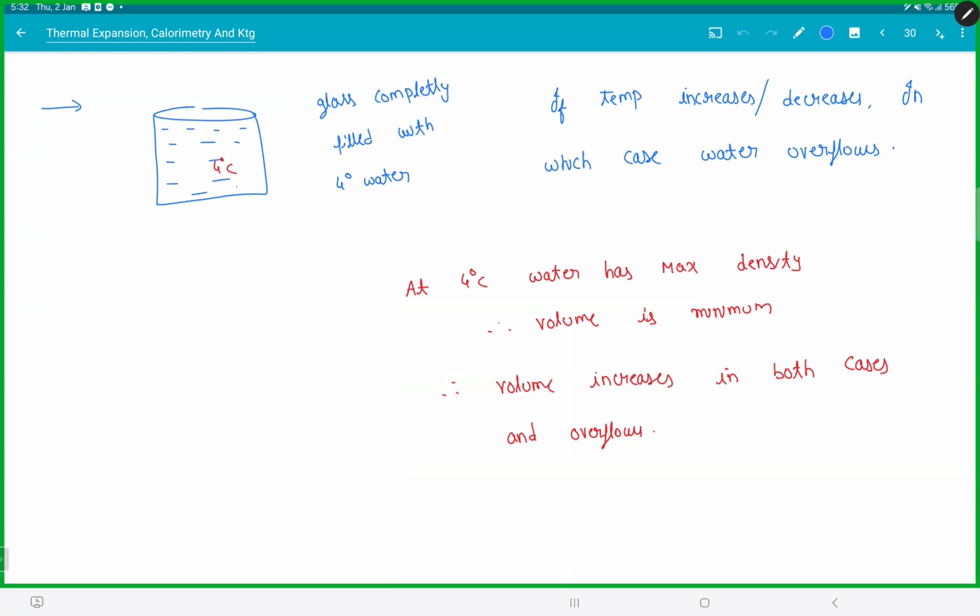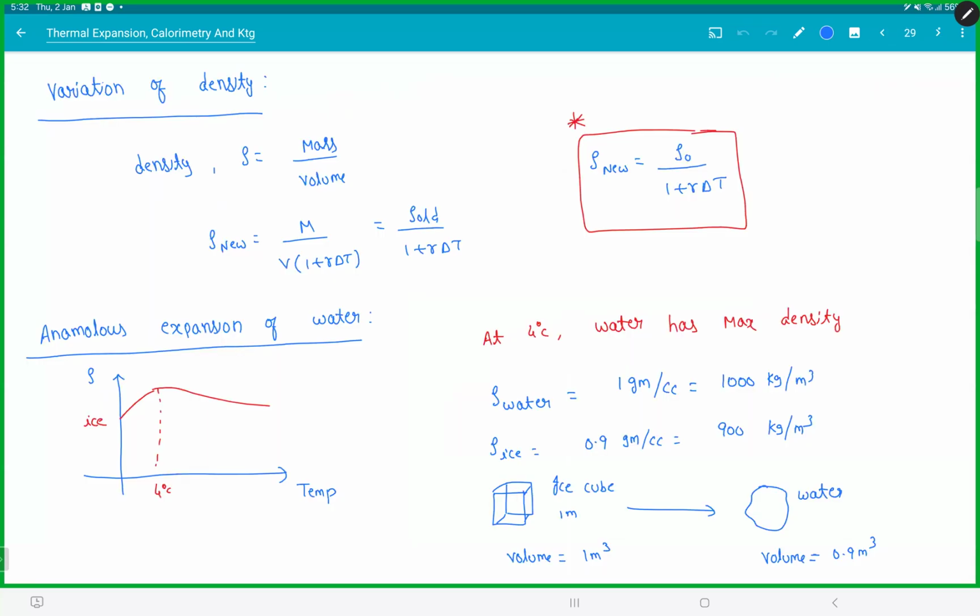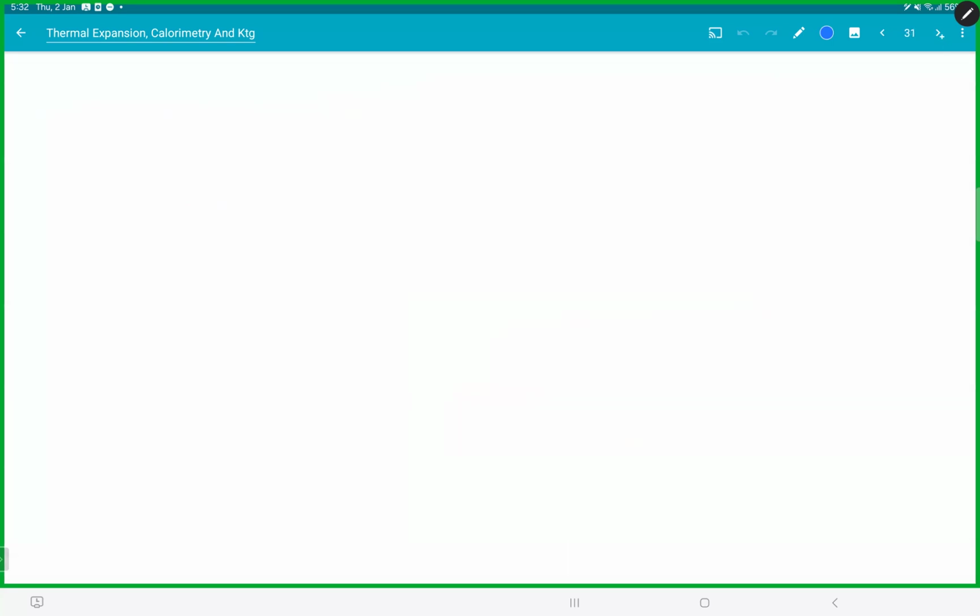Let's see. Last thing we did was this liquids. Great. Next thing is apparent expansion.